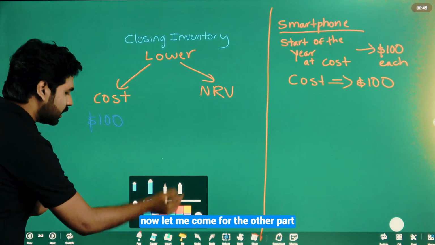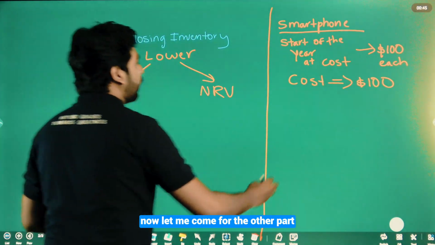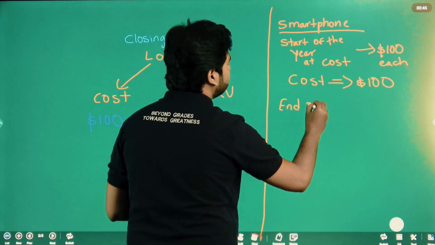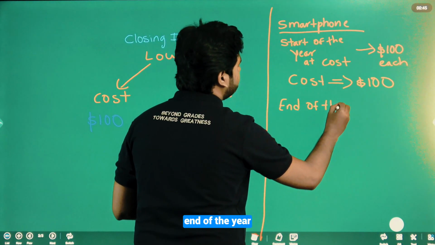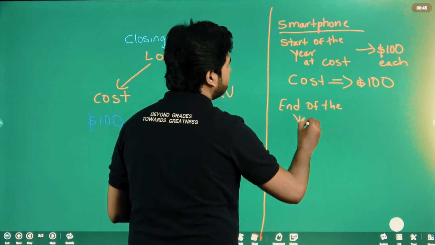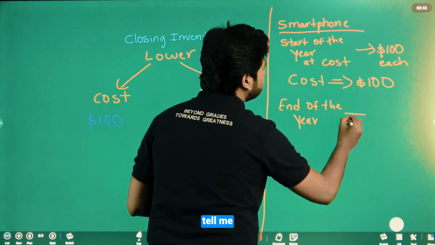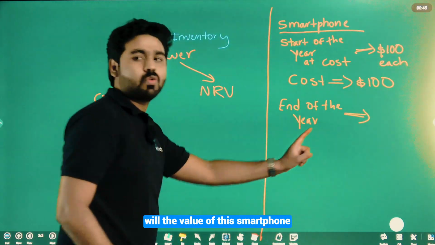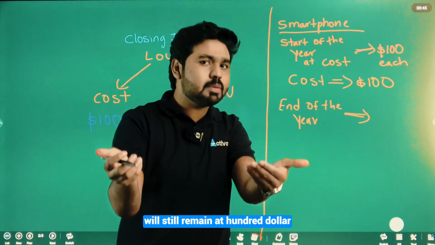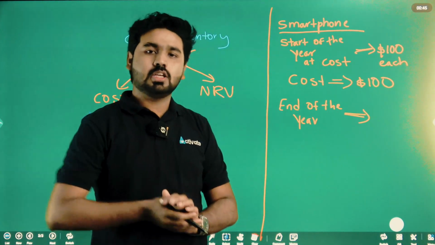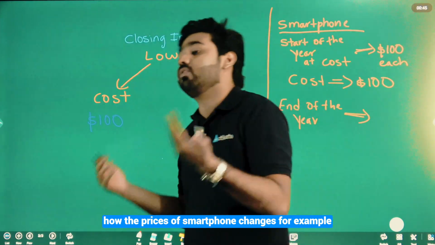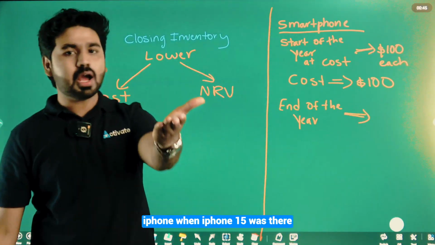Now let me come to the other part. End of the year. Tell me, will the value of this smartphone still remain at $100? You all know how smartphones work, how the prices of smartphones change. For example, iPhone.